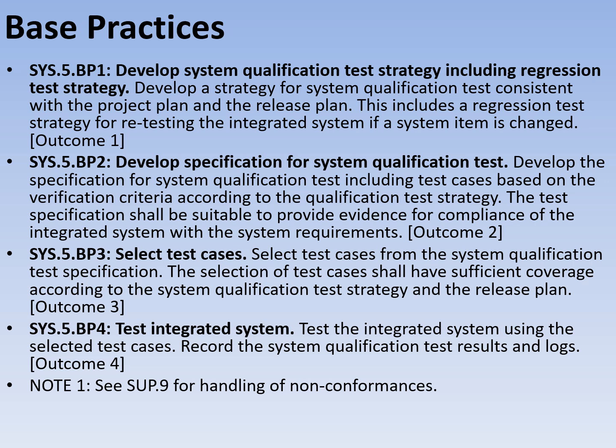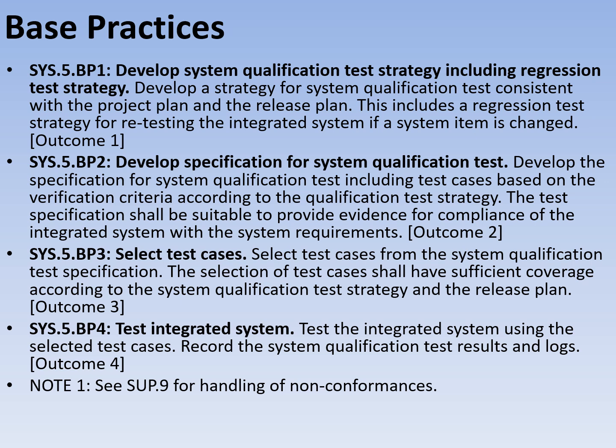This includes a regression test strategy for retesting the integrated system if a system item is changed. Base practice 2: develop a specification for system qualification test, including the test cases based on the verification criteria according to the qualification test strategy.